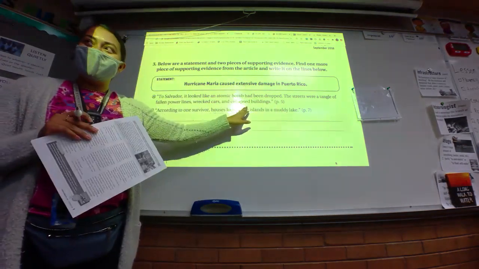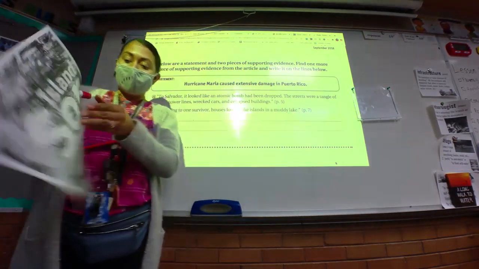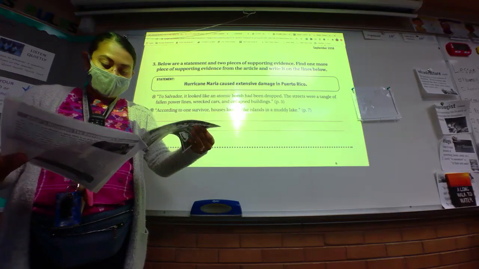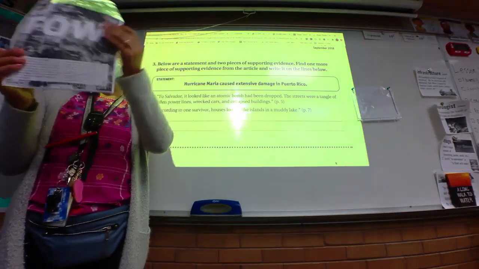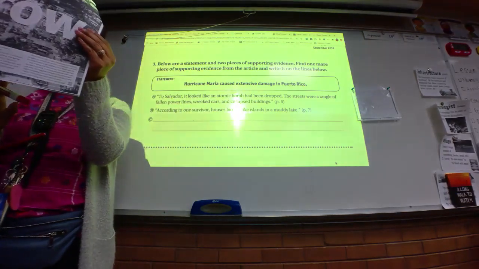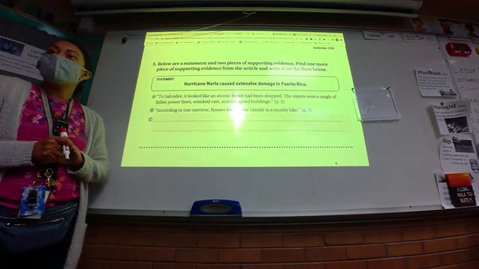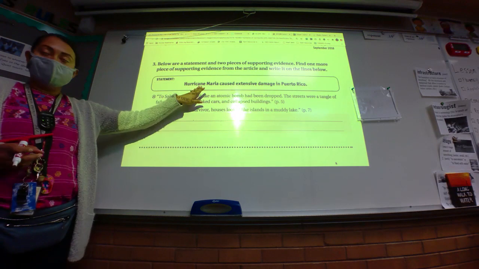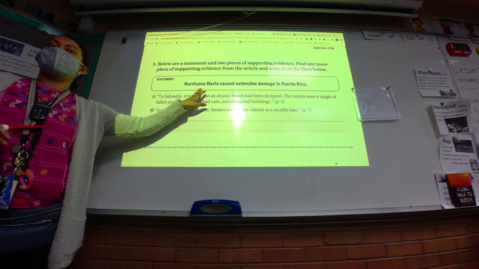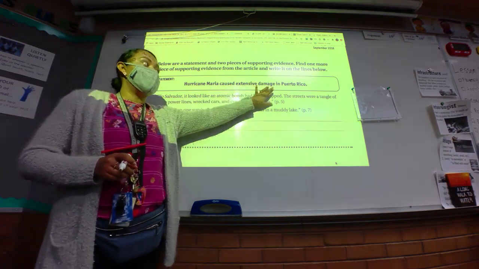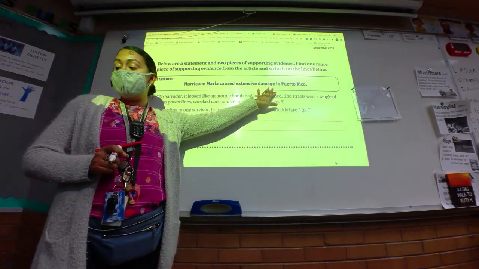The second one says it's on page 7. So I'm going to already start by looking at page 5 through 7. So that's this page. So now, let's read the statement, okay? Hurricane Maria caused extensive damage in Puerto Rico.